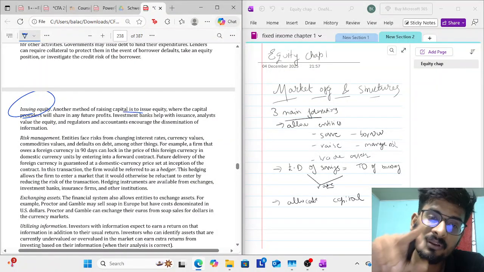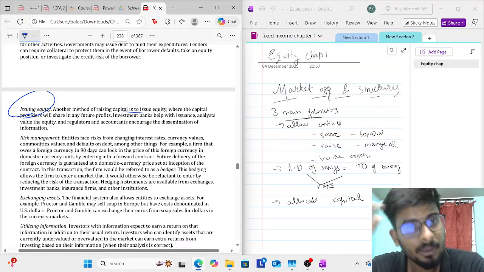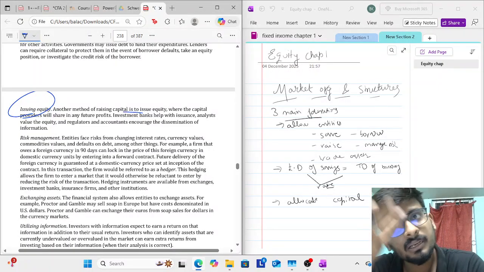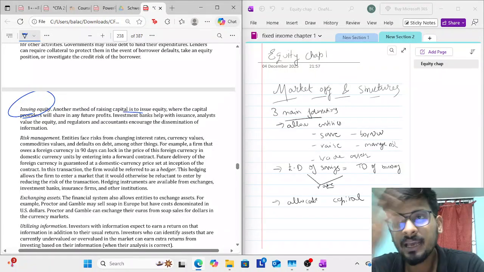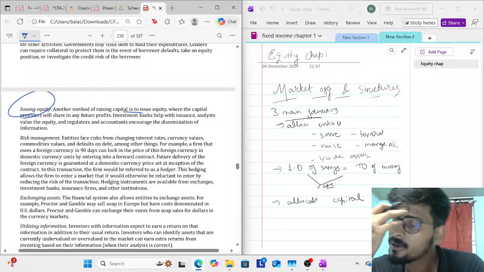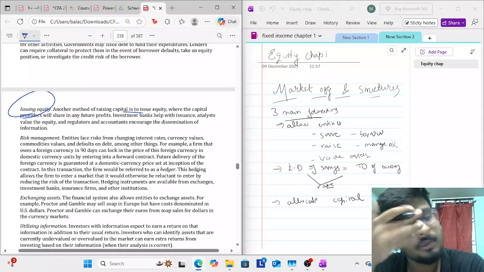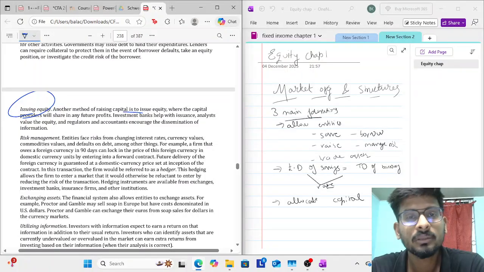Now the part of investment banks, like one coming with an IPO. IPO means they are raising funds from the market. Now there has to be a criterion that at least 70% should be issued. If 70% is not issued, the IPO is cancelled. So the company goes to an investment bank. They underwrite it.